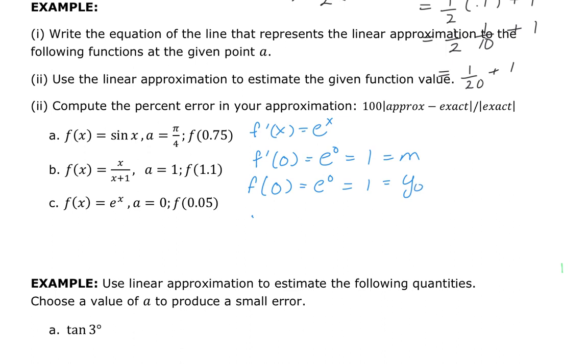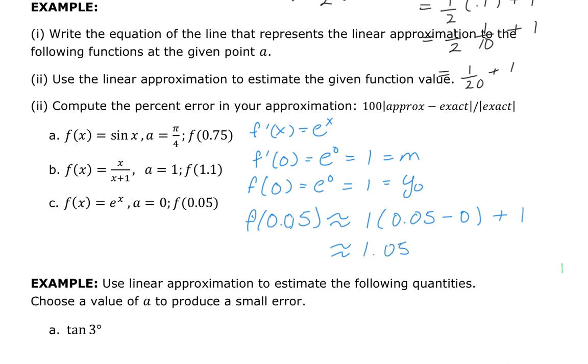So now I'm ready to do the linear approximation. So f of 0.05 is approximately equal to my slope, which is 1, times my x, which is 0.05, minus my a, which is 0, plus my y naught, which is 1. So this is approximately equal to 1 times 0.05, and then 1.05.